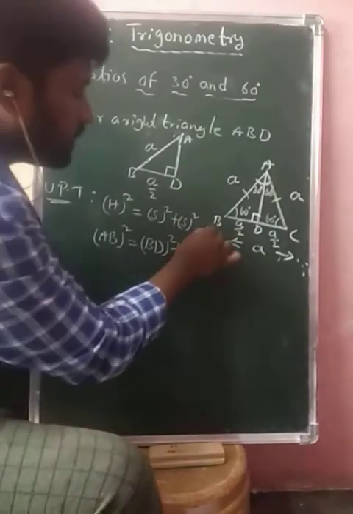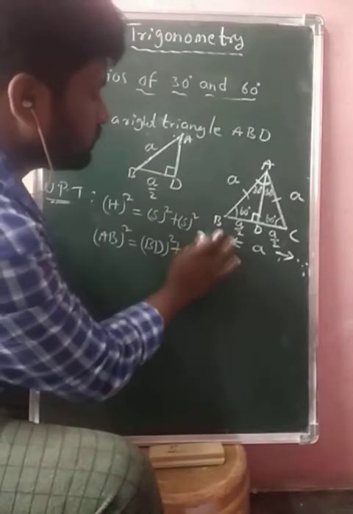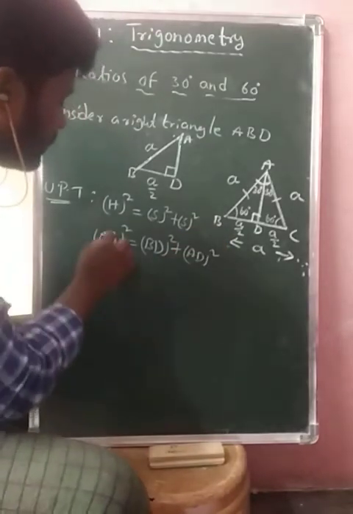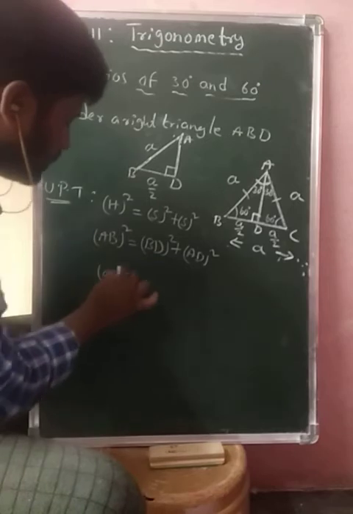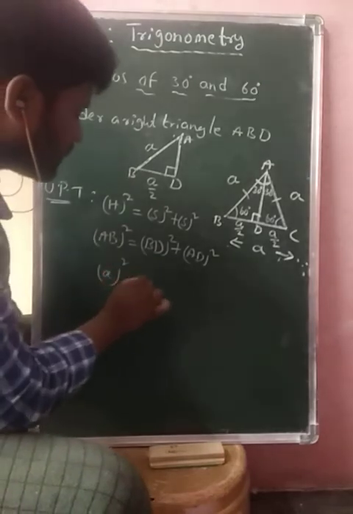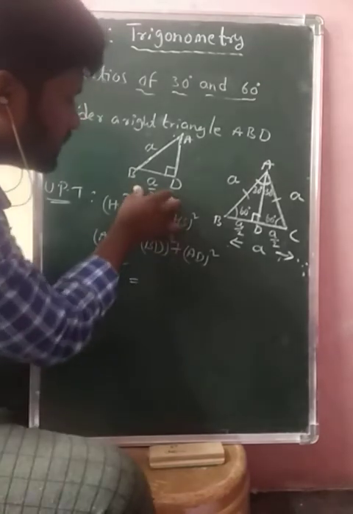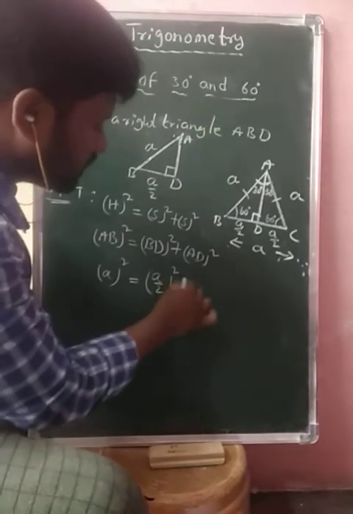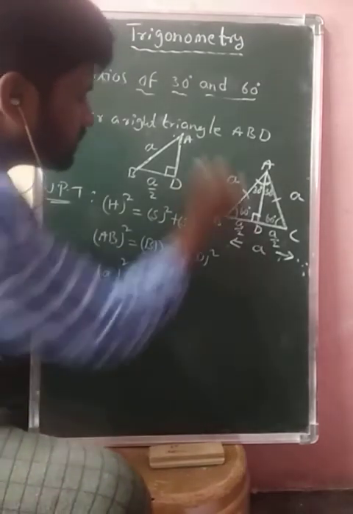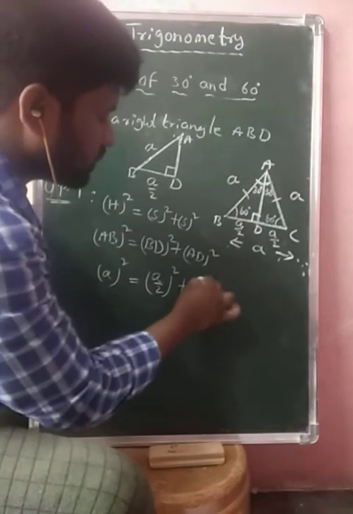Now see here, the length of AB is given A units, that means A whole square is equal to the length of BD, that is A by 2 whole square, plus the length of AD, which is not given, that is AD whole square.